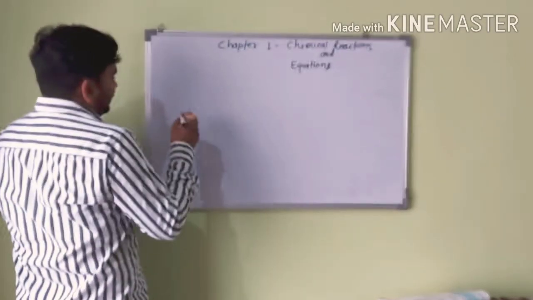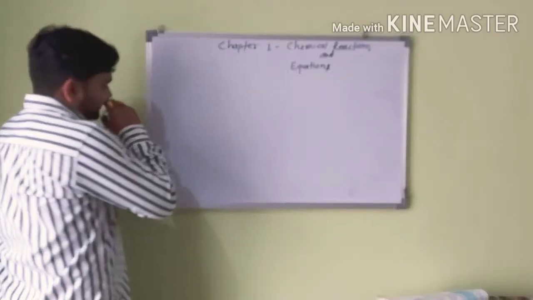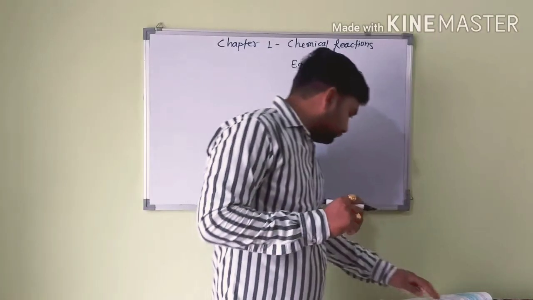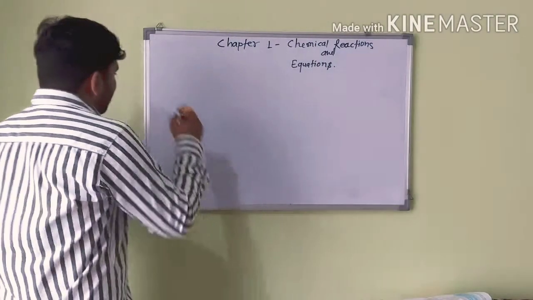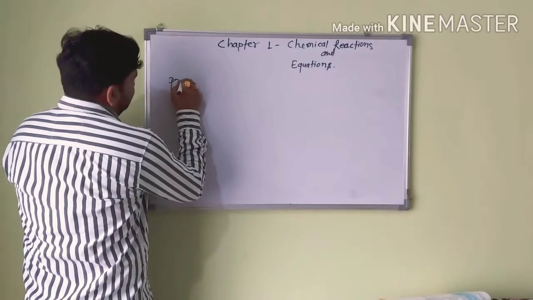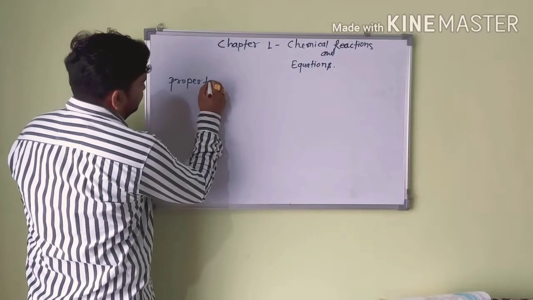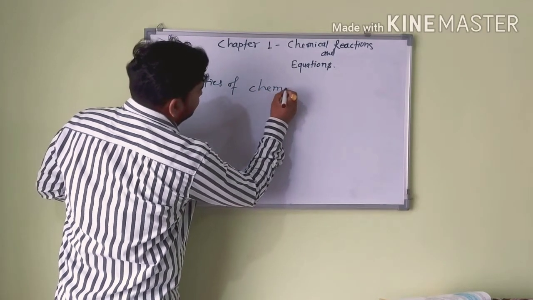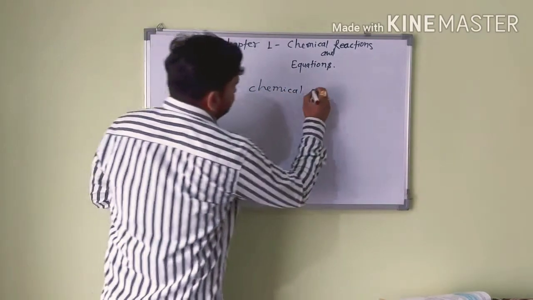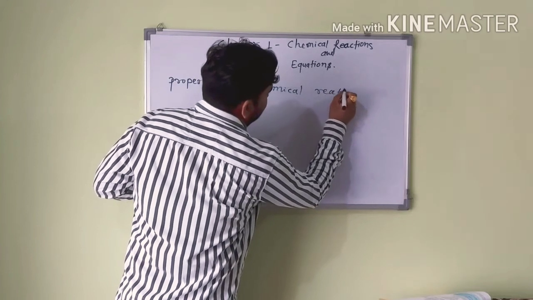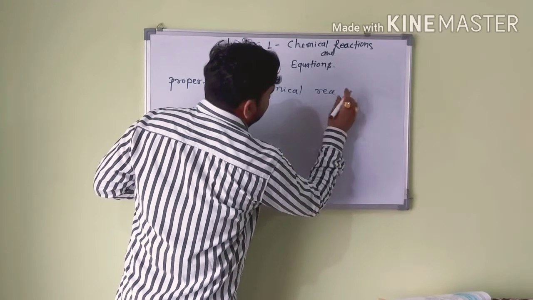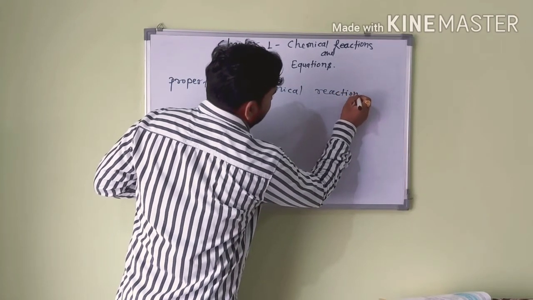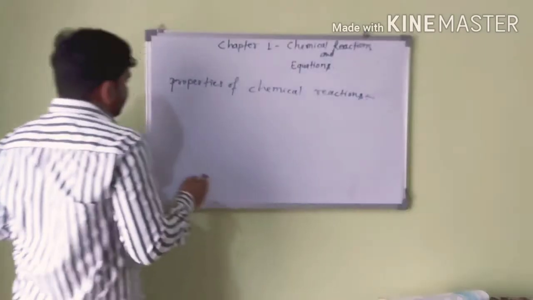First we can discuss the properties of chemical reactions. There are 4 properties of chemical reactions.